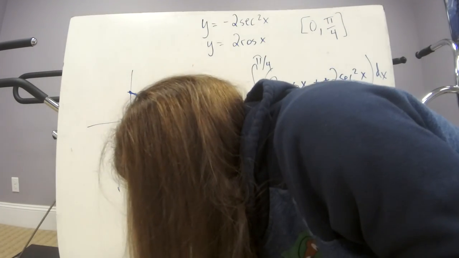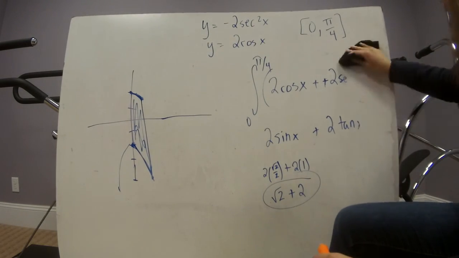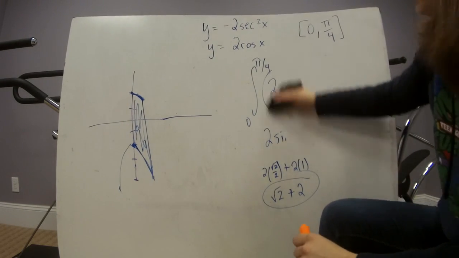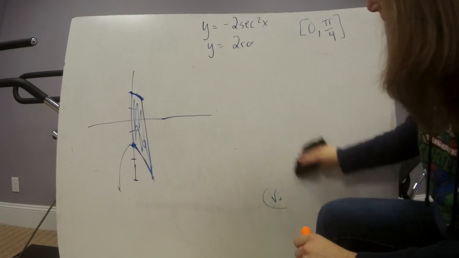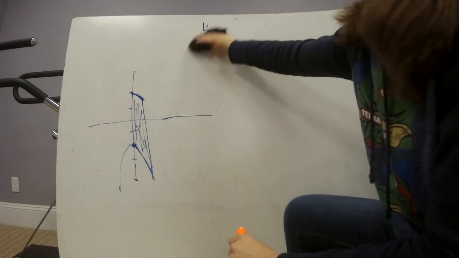Last one. Orange one. Let's see what we got. Yellow one, actually, but I don't have a yellow marker. So y integration. Let's see if we can draw a picture and look at this guy sideways.